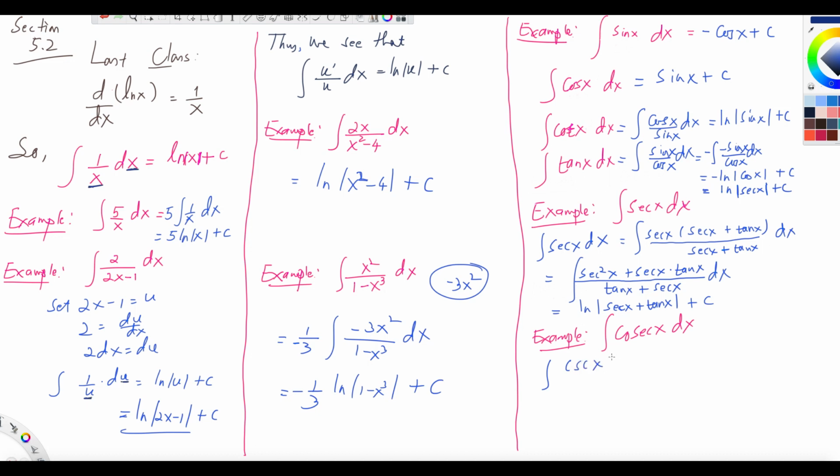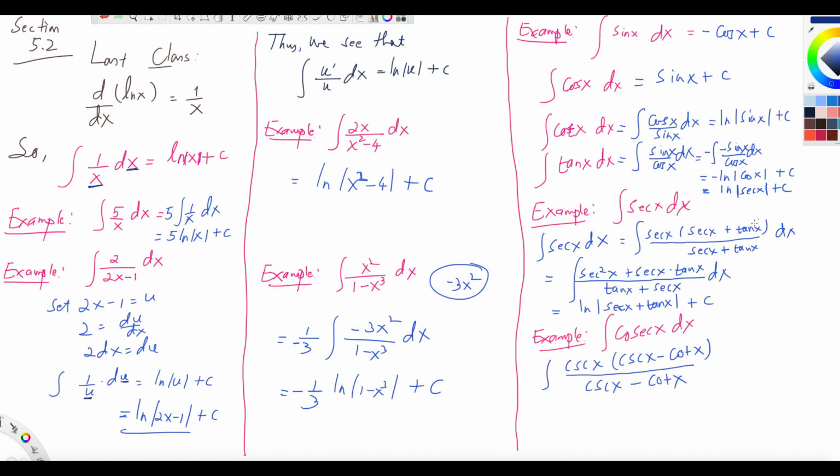CSC x. What I'm going to do is multiply and divide by CSC x minus cotangent x, and then divide by CSC x minus cot x. I'm dividing and multiplying by the same thing, so if you cancel out, you will get cosecant x only, right? It's the same thing as before.